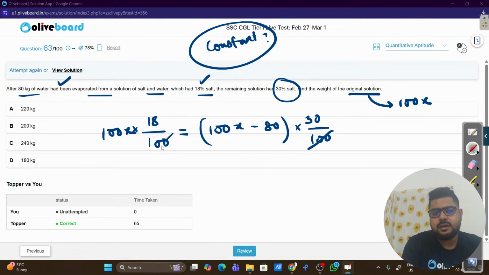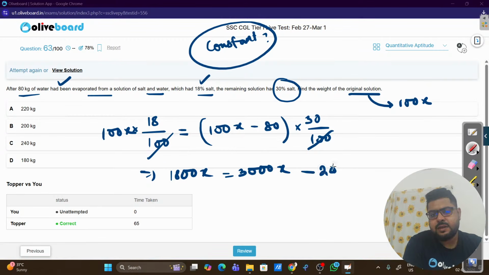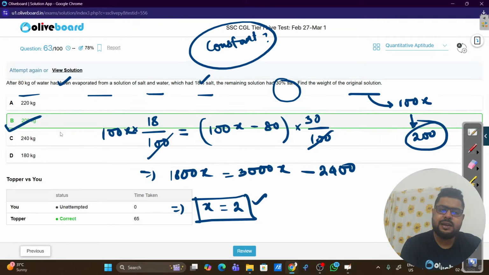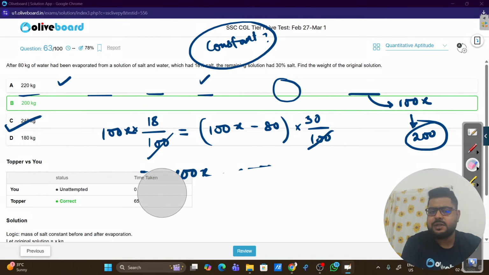Done, sir. So that means 1800x is equal to 3000x minus this. So x is 2, sir. Weight of the original solution, 200 kgs. Option B, sir. Nothing very difficult around this, right?